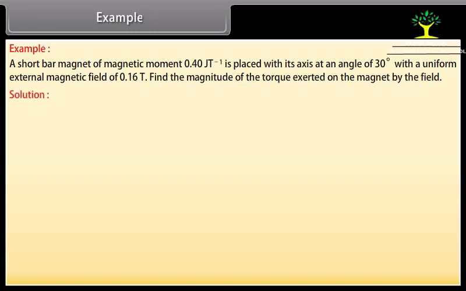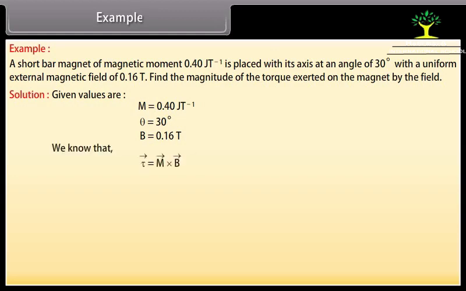Let's see the solution. Here given values are: m is equal to 0.40 joule per Tesla, theta is equal to 30 degree, B is equal to 0.16 Tesla. We know that tau is equal to cross product of m and B, or in terms of magnitude, tau is equal to mB sine theta.